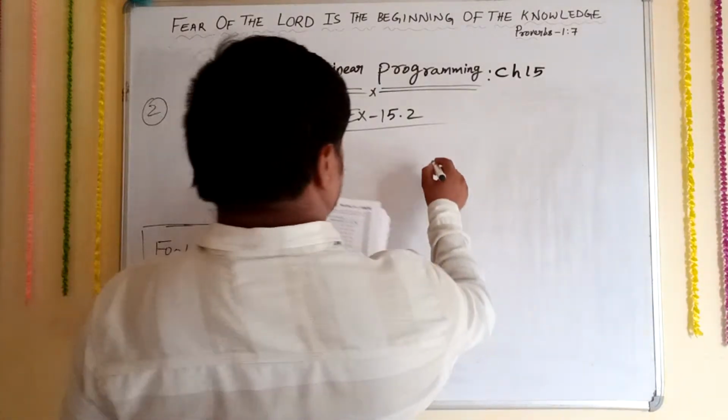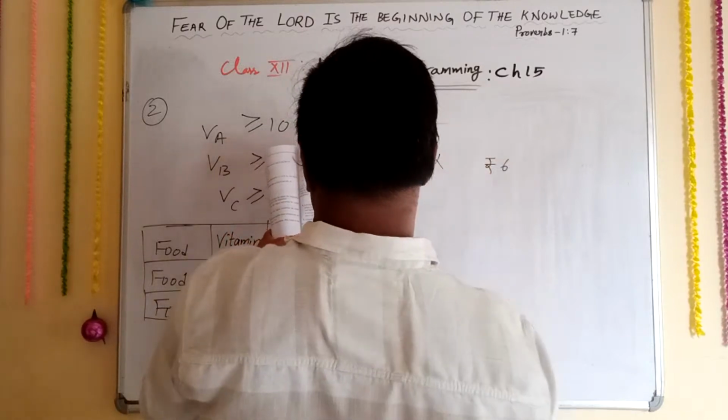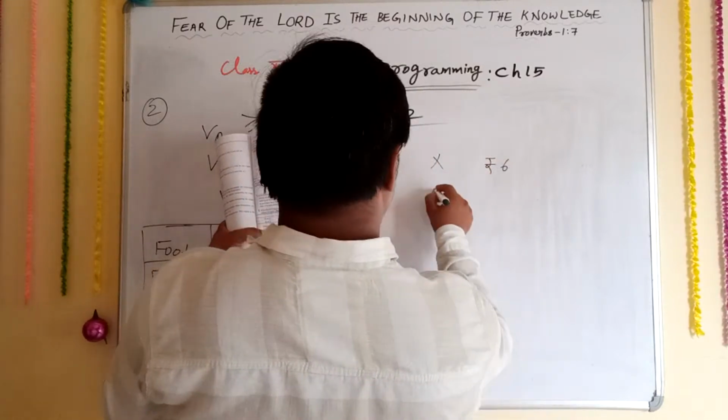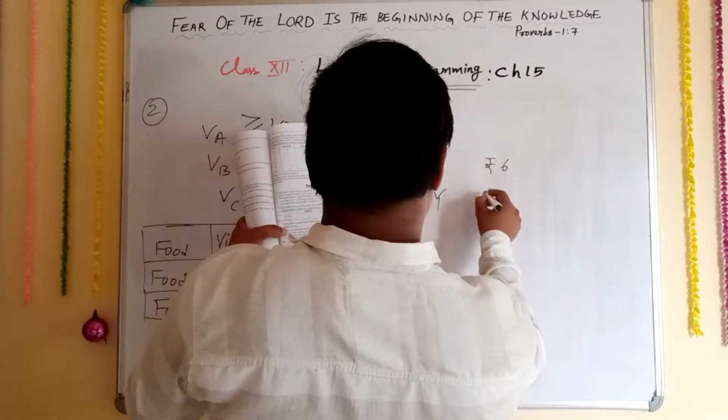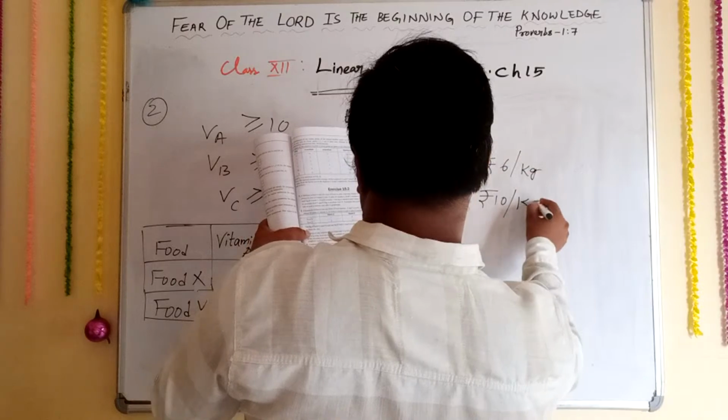And X costs rupees 6, and Y costs rupees 10 per kg.